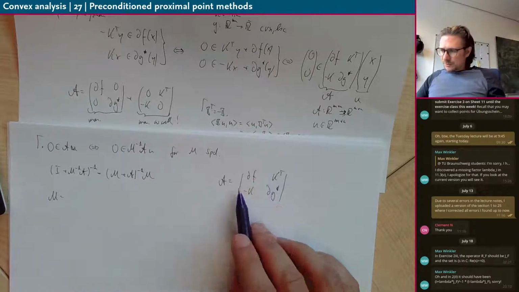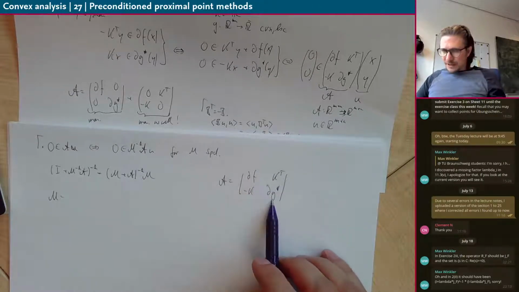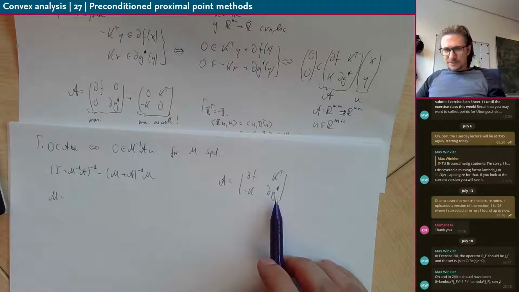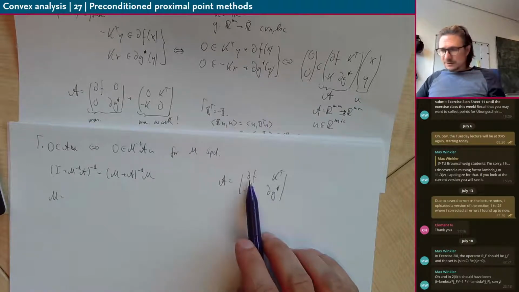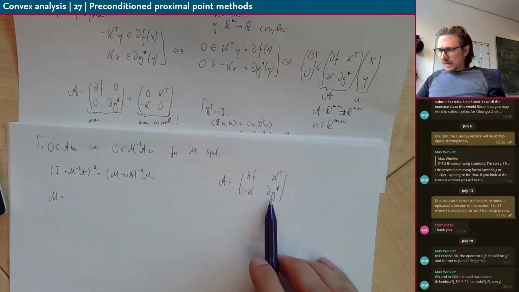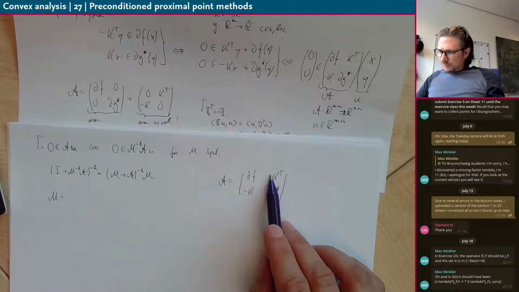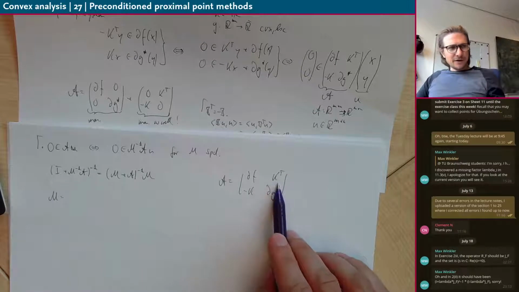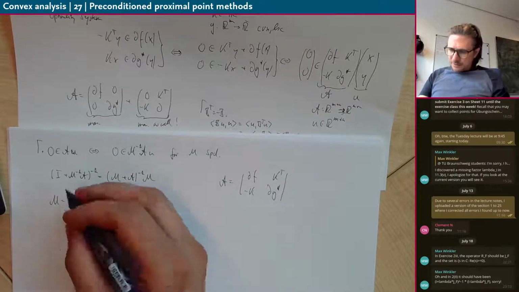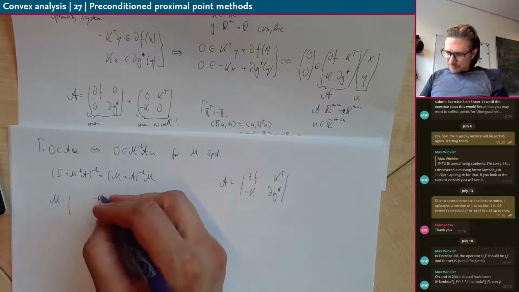Here we could aim for block triangular, because we can invert the diagonal entries, assuming we can invert identity plus subgradient of f. This would be done by the prox, and identity plus subgradient of g star would be the prox of g star. So we try to cancel out this guy in the off diagonal by a suitable M. What we would need in the upper right would be a minus K transpose.